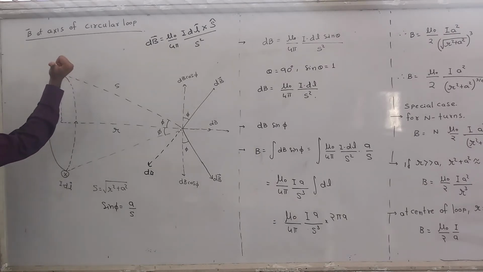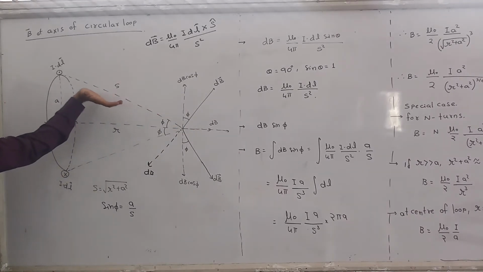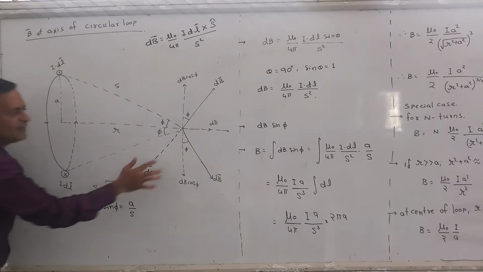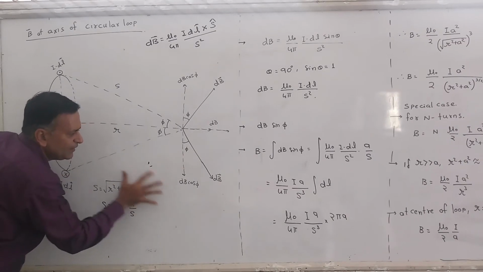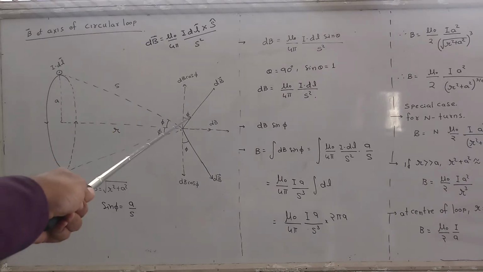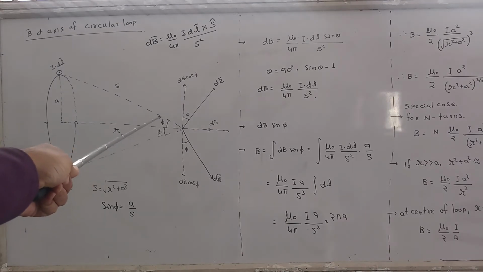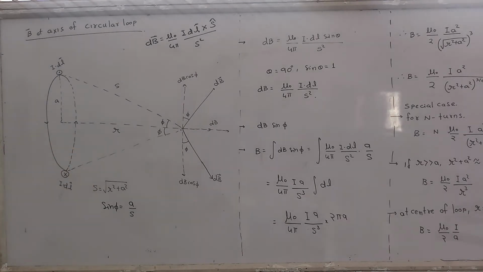This is the direction of current. The point lies on that side. So the direction is upwards. That means this is the wrong direction and this one is the correct direction of dB. And remember, dB is perpendicular to S. That means this angle which I am going to mark now is a 90-degree angle.